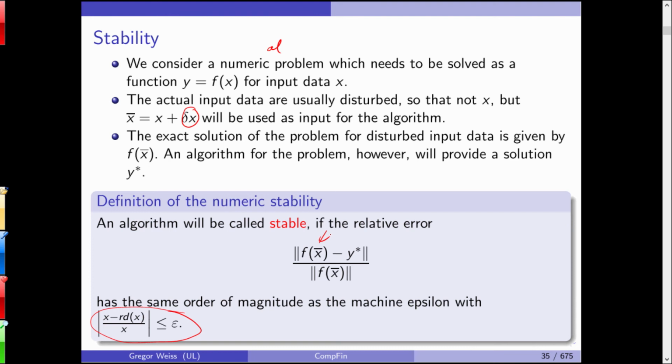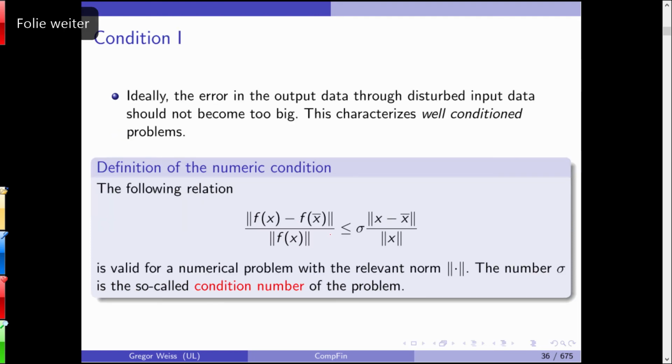And this is why we call the algorithm stable: it doesn't change the original error in the input data. So if this relative error is very small, we would call the algorithm stable because it does not worsen the error that is already in the input data. Again, we might have garbage in, garbage out, but the algorithm is not worsening the problem, then the algorithm is called stable.